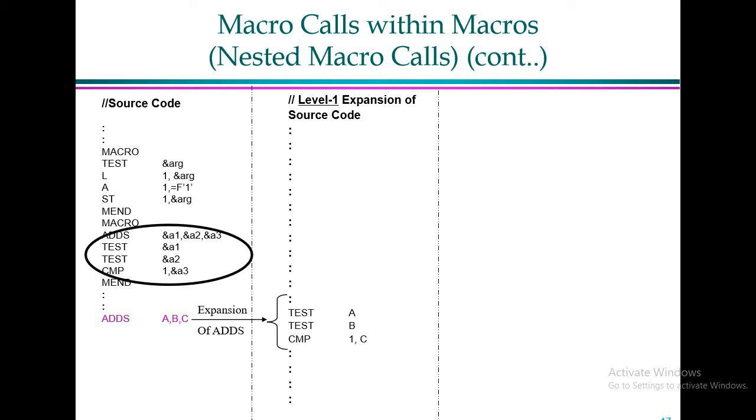First you have to write down the previous code as it is, then test A, test B, and comp cmp 1, C that you have to write, expanded in the first step. That means replace this macro call with the actual arguments only. In the second level of the source code, you have to replace the definition of the macro.